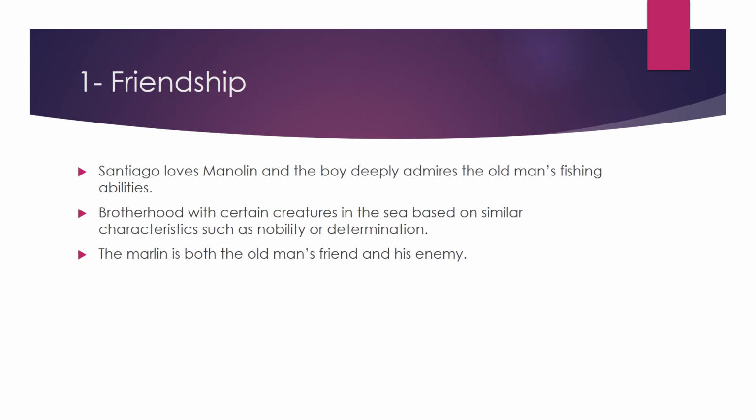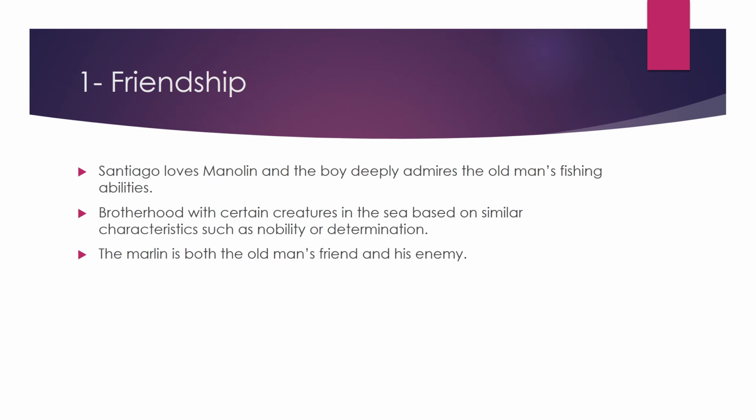The third part is that the marlin is both the old man's friend and his enemy. Of course, the marlin is the old man's enemy because he fishes that big fish. From that perspective, the fish is the enemy.